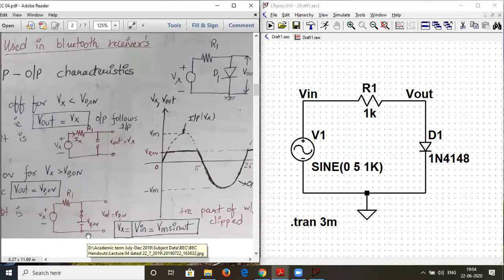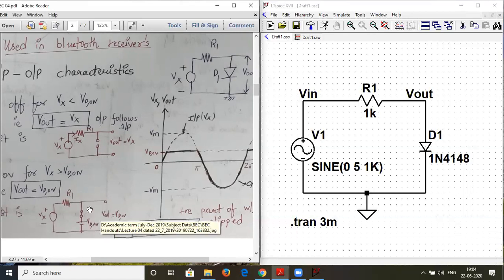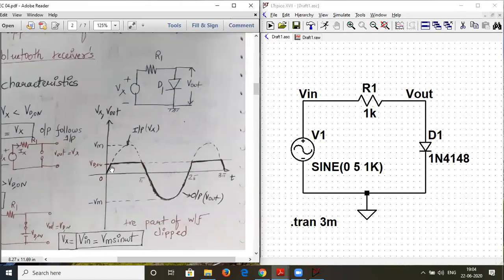Let's consider VD on to be 0.7. So here the output voltage will be just 0.7 as it is. Whenever V in is greater than VD on, that is whenever the diode is on, it will keep the output voltage constant at VD on, as you can see over here.